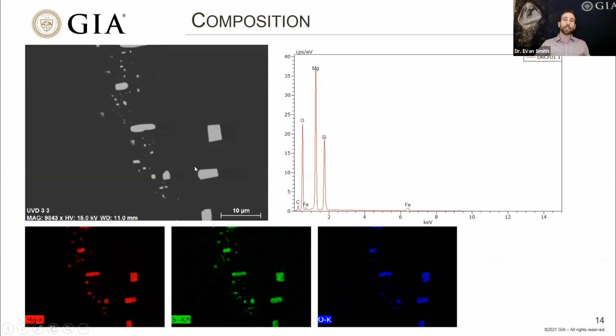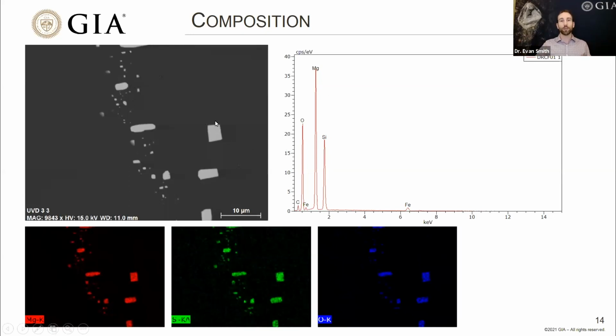And using EDS, which is energy dispersive spectroscopy, we can see what elements are present here. The idea is that you bombard this little inclusion with electrons, and then the atoms in that material give off X-rays, and the X-rays are characteristic of the different atoms that are present.